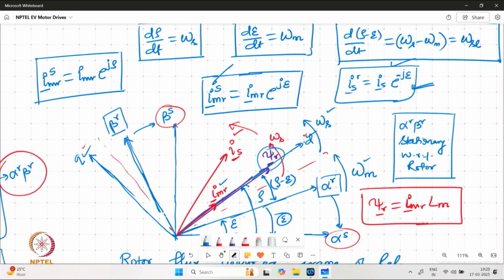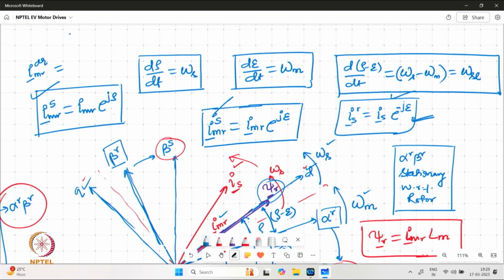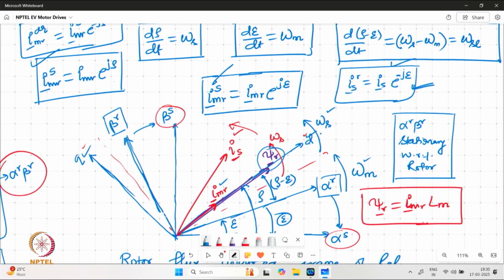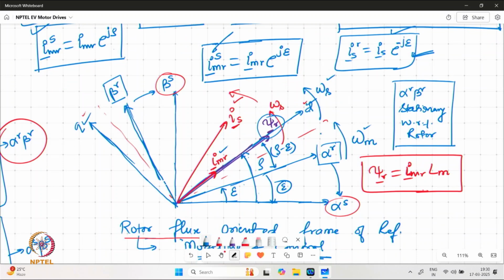So if we have to talk about this quantity in the DQ frame of reference, we essentially need to do the axis transformation, and we can write IMR in the DQ frame of reference as the product of the IMR vector and e raised to power minus j rho, which is basically the angle found in the counterclockwise direction, or simply because this vector has only a real component which is falling on the d axis, real component only shown over here.